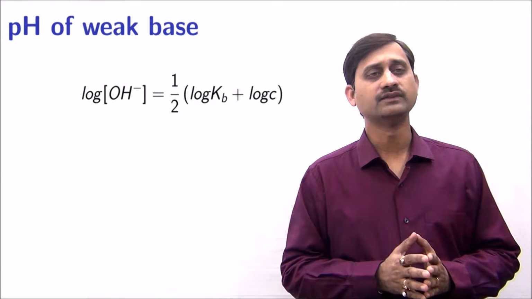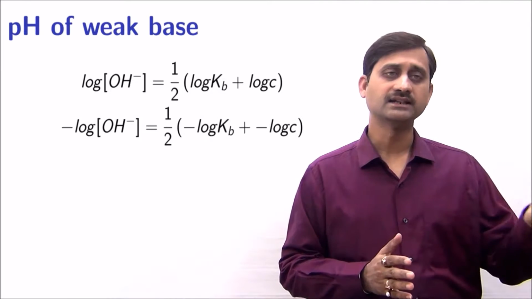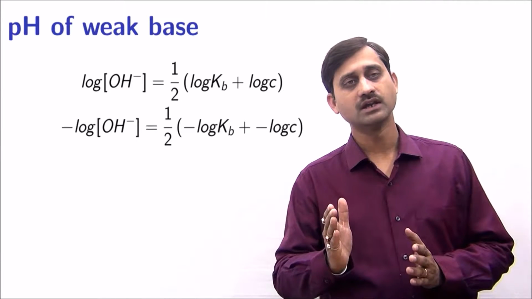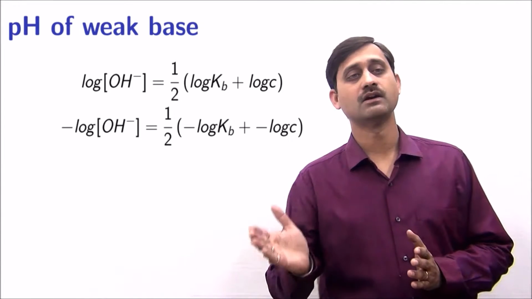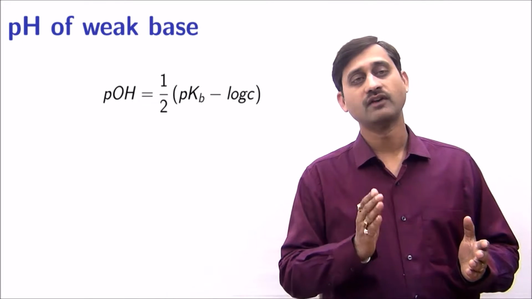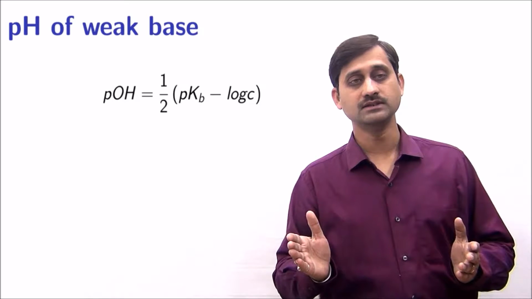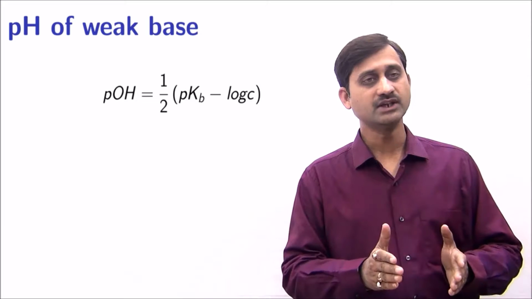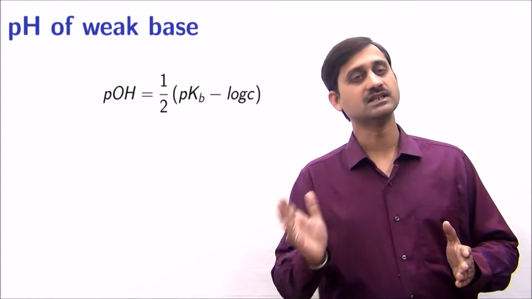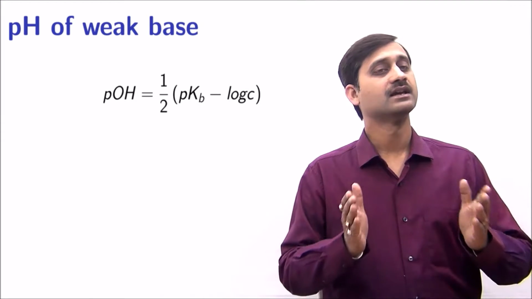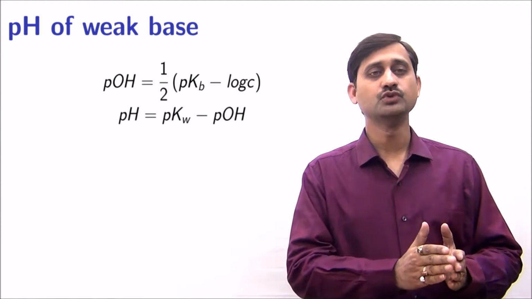Taking the negative of this equation, we get minus log of OH minus is equal to 1 by 2 of (minus log Kb plus minus log C). pOH is equal to 1 by 2 of (pKb minus log C). pH is equal to pKw minus pOH.